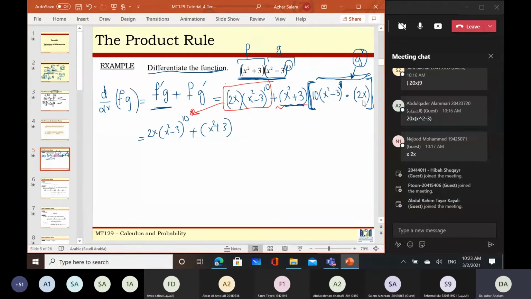Okay, now to simplify I just multiply this number which is 2 by 10.